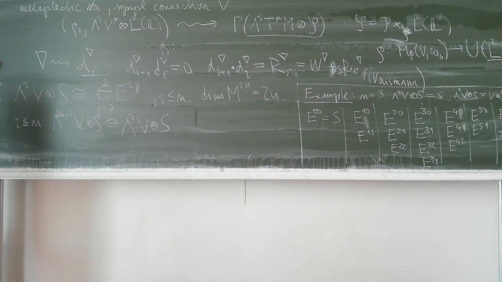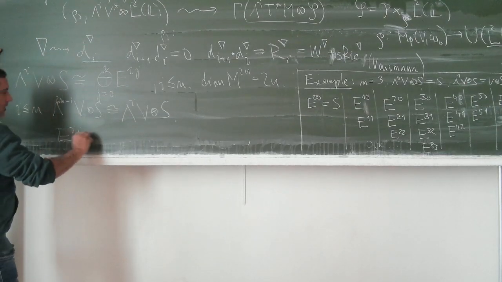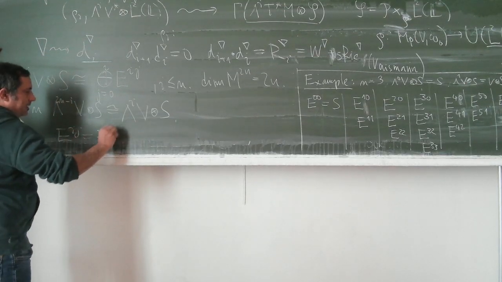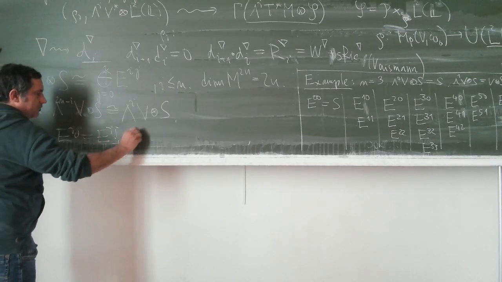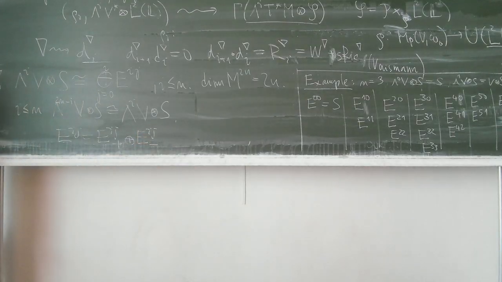So now I will mention the irreducibility of E^{ij}. E^{ij} decomposes into a direct sum of just two representations which are irreducible. The metaplectic representation itself also decomposes into a sum of two irreducible representations, as we spoke last time.